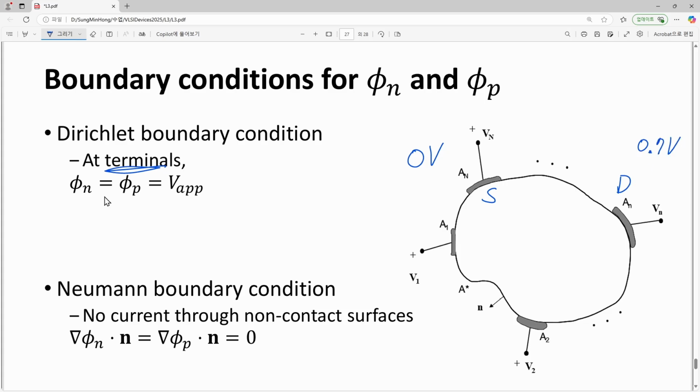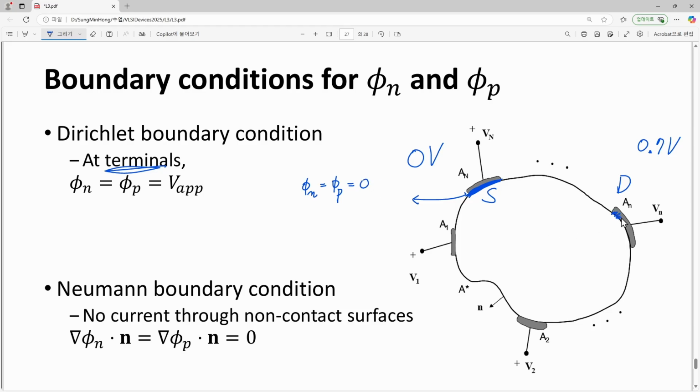Then how about the boundary values of electron quasi-Fermi potential and hole quasi-Fermi potential? Fortunately for this case, yes, we can say that phi n equal to phi p equal to 0 volt.